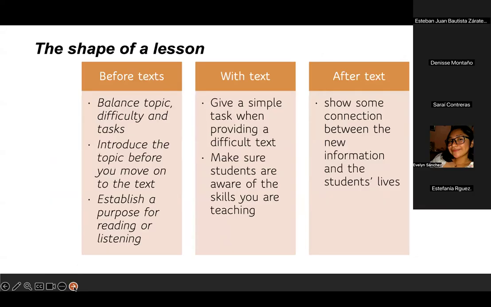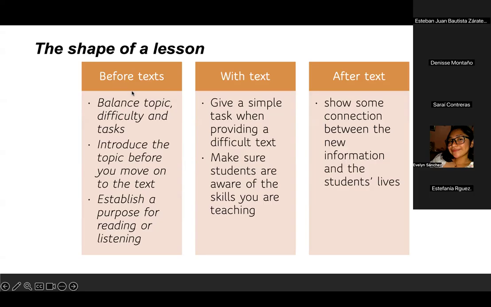So, what is the shape of a receptive skills lesson? When we are talking about the text, remember that we are talking not only about the written form, but also the oral form. In this case, a written text, a reading passage, an oral text, a listening passage.